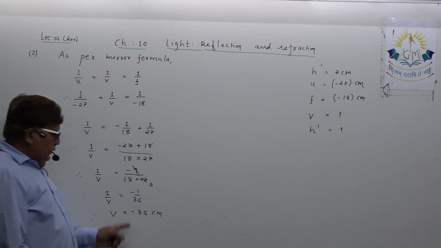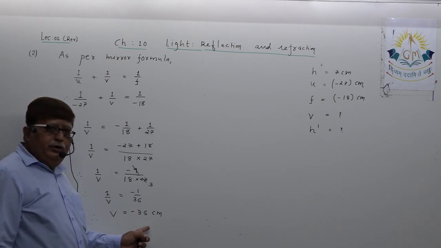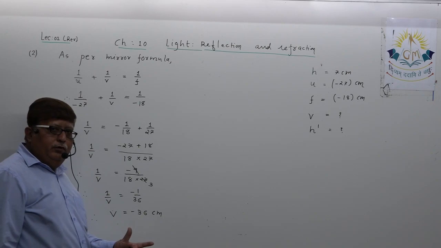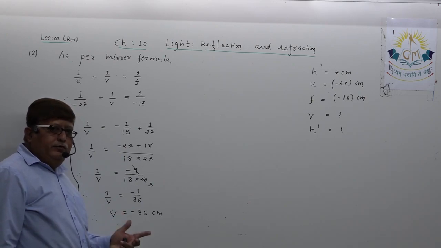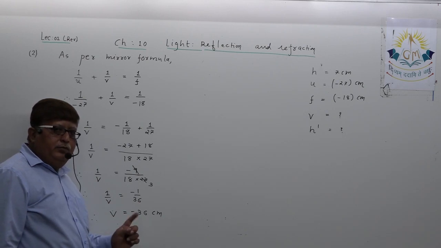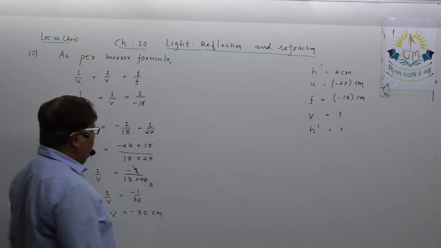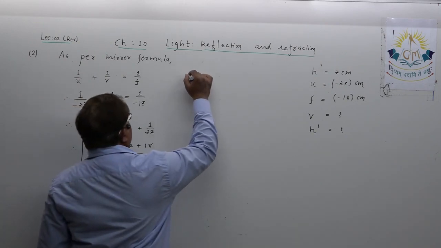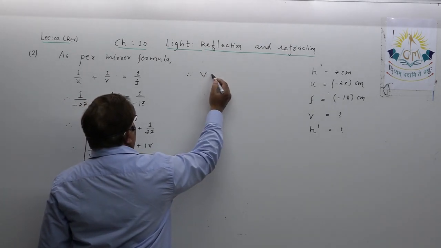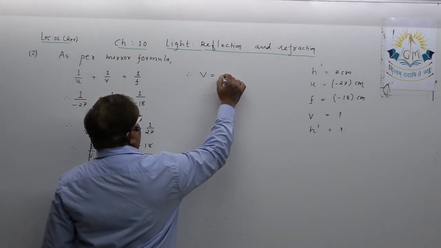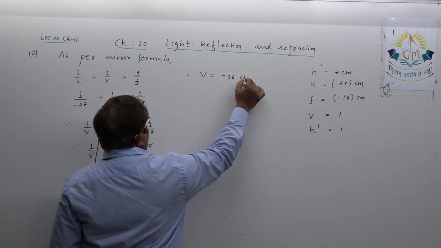The value of v is going to do a lot for us. That will give you not only the position of the image where the screen can get a focused sharp image, but it will also give you an idea that the obtained image is real and inverted. So what you will write first here: v equal to minus 36 centimeter.